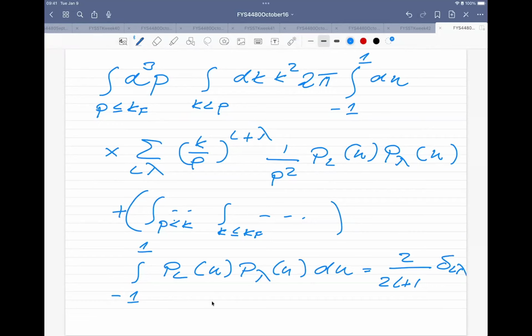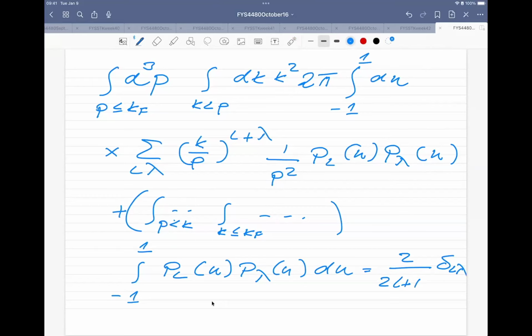So now I can actually use the orthogonality properties of Legendre polynomials when I'm looking at this term here. That obviously limits one of the sums to L or lambda. And then I will have L plus L, so I will have 2L. I have p squared here, and I have another k squared here. So that's going to give me 2 times L plus 2, because I have a k squared here and a p squared here.